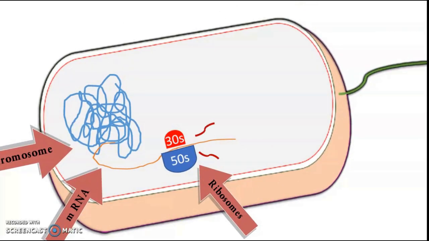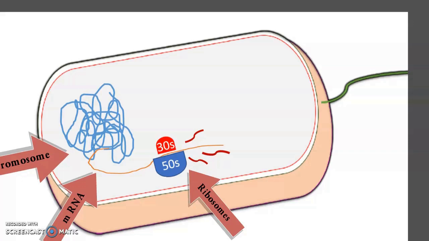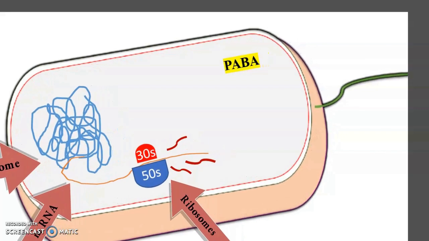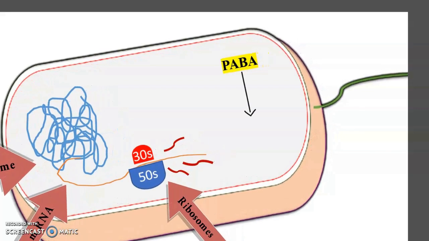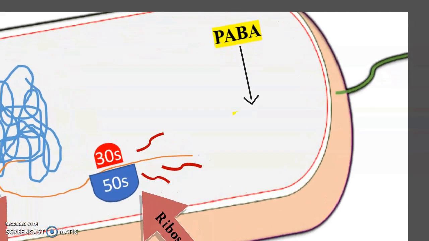So here we can see the proteins being synthesized in the bacteria with the help of 30S and 50S subunits of ribosomes. Now we'll discuss one more special characteristic of the bacterial cell, that is, its unique metabolic property, which metabolizes tetrahydrofolic acid with the help of the precursor para-aminobenzoic acid.